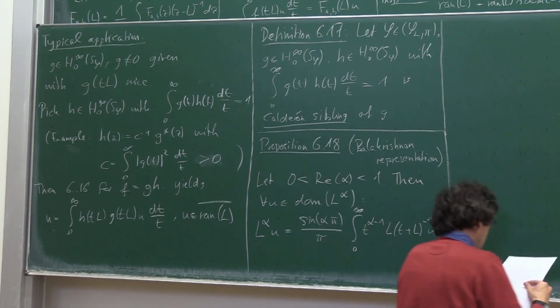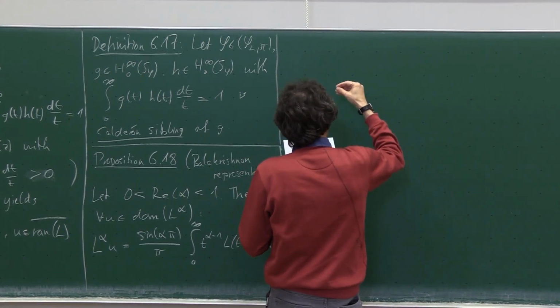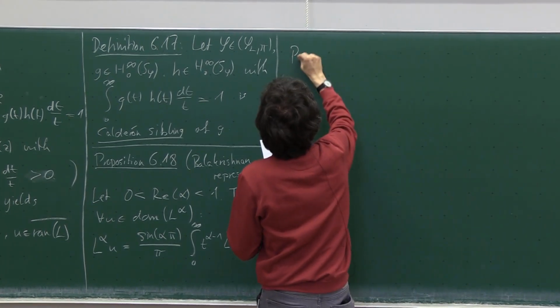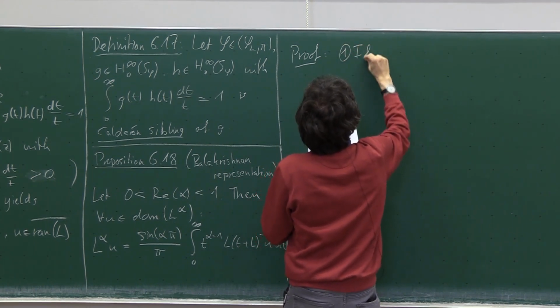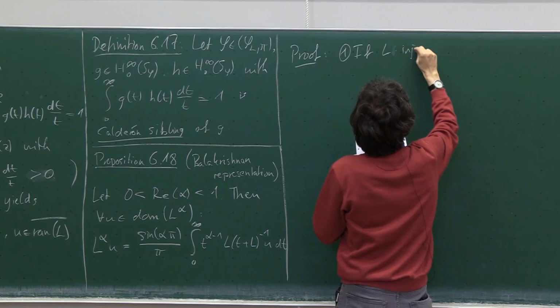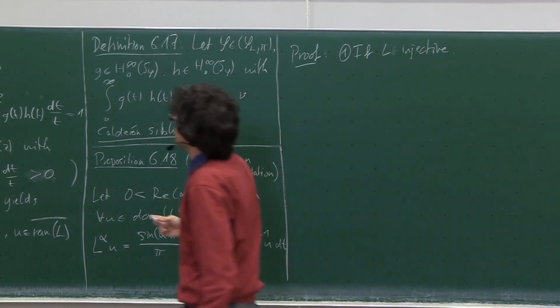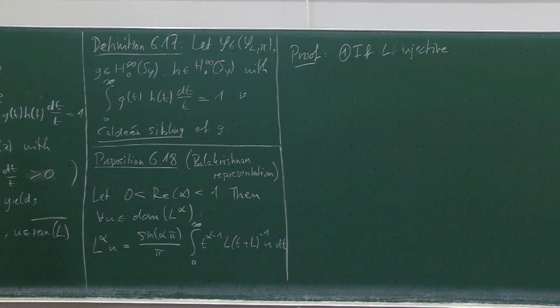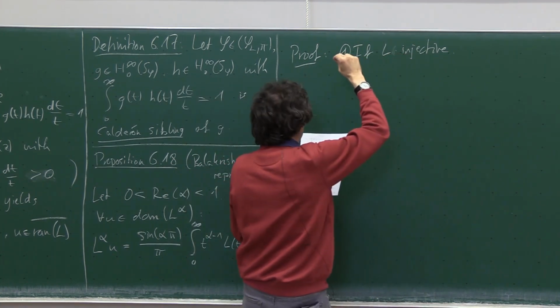Okay, and how do we prove this? I will show you the proof if L is injective. It's a little bit easier, because if L is injective, you can apply Calderon's reproducing formula for every u in H, and you do not have to bother about the range of L. But there's a way around, and if we have enough time, I can tell you how to get around.